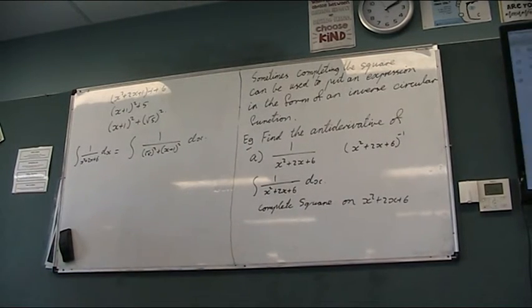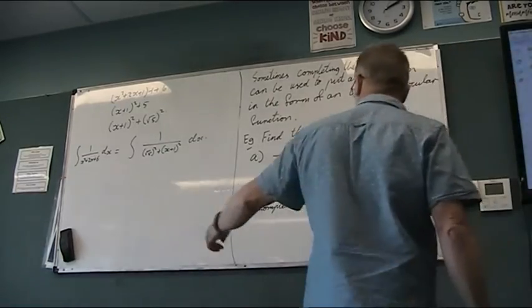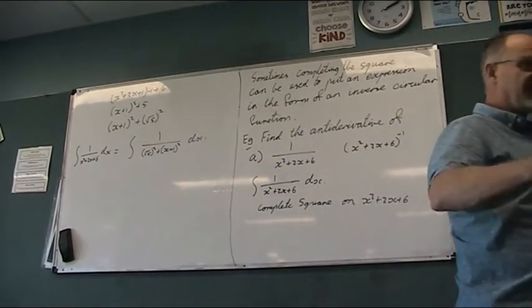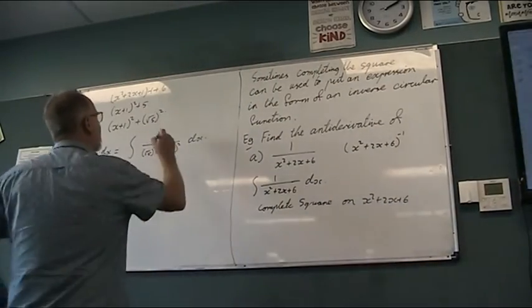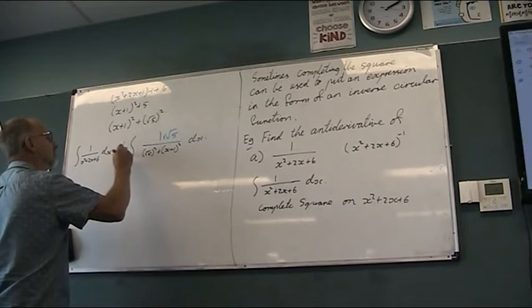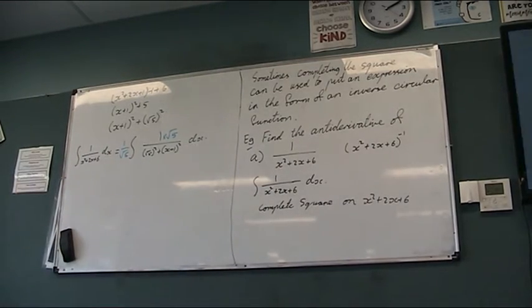So that looks like the inverse tan one now, doesn't it? Somewhat. Except the inverse tan one says a squared, and we've got root 5 there, that's easy enough. We should need an a up there, but we can get that easily enough, just by doing that. So that bit's easy.